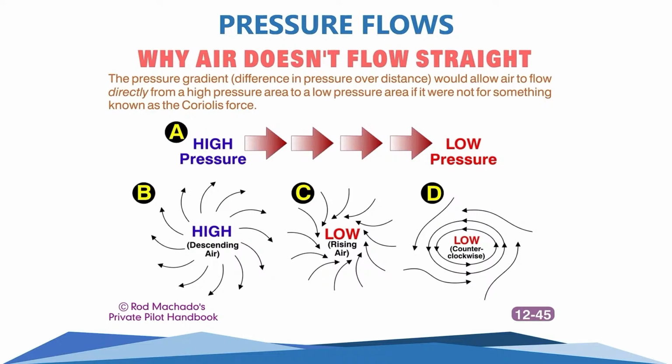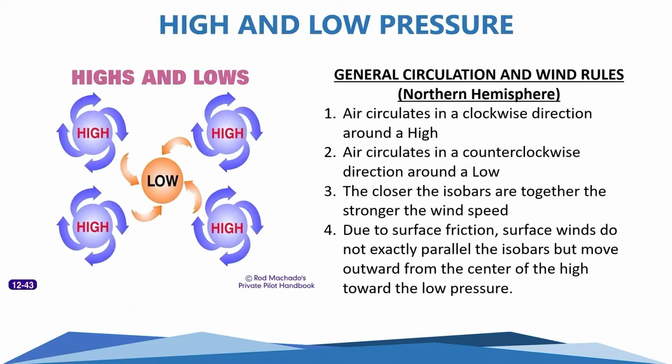Now, there's different ways that these move, and just go to the next one real quick here. And keep in mind, everything we're talking about is northern hemisphere. So air is going to circulate in a clockwise direction around a high, and it actually moves counterclockwise around a low. And low pressure, and this is important, is that it moves counterclockwise, but it moves up.